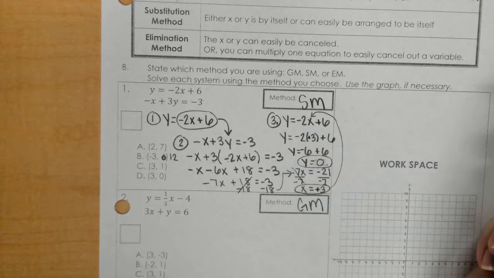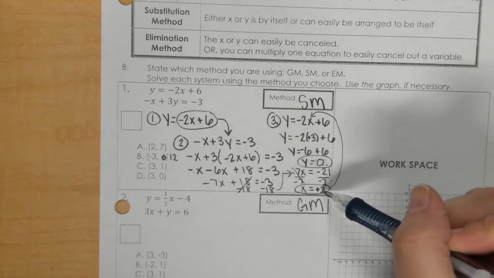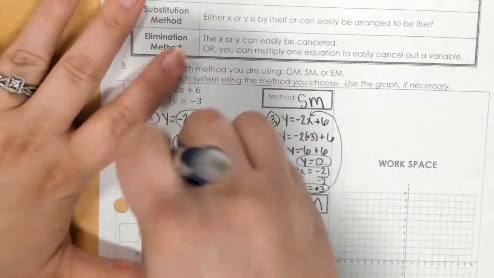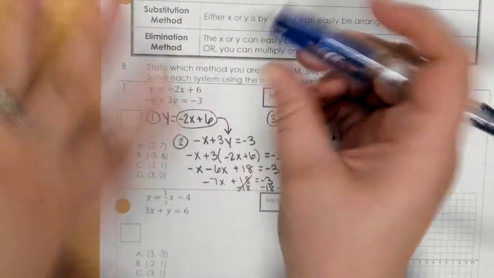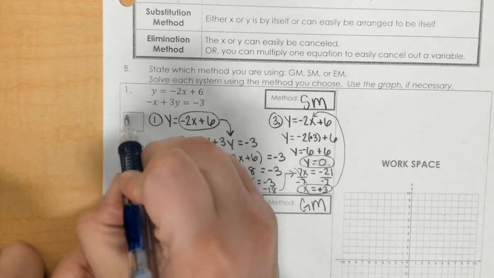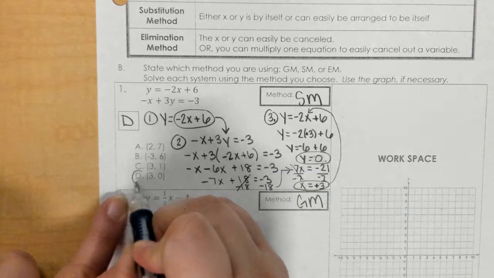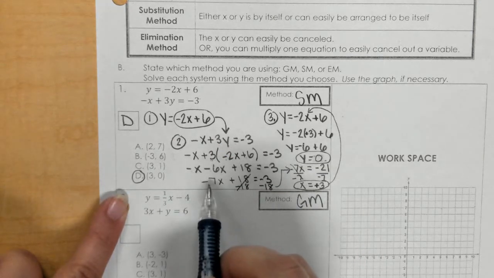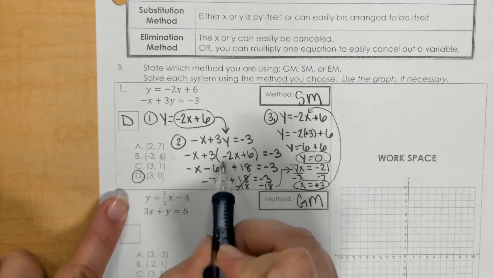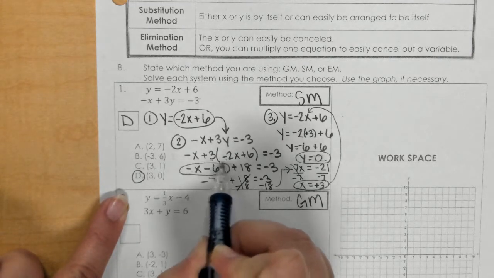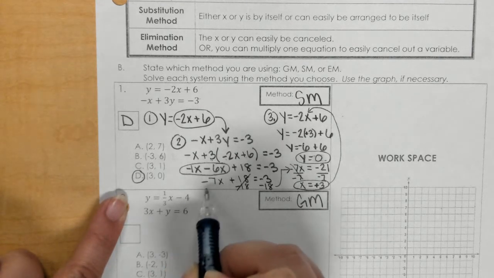Alright, so my answer should be 3, 0, which is D. So it is really important about your signs, because right there I just screwed up the sign. So negative 1x minus 6x is negative 7.